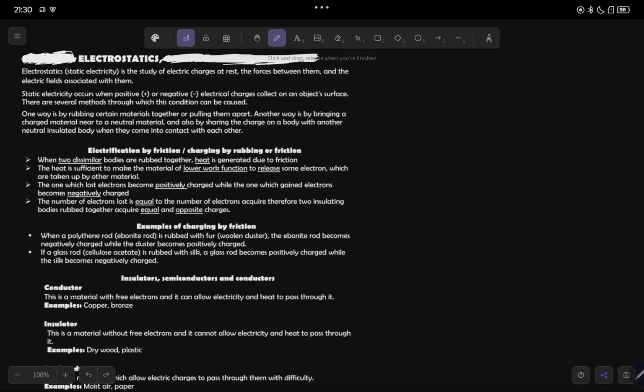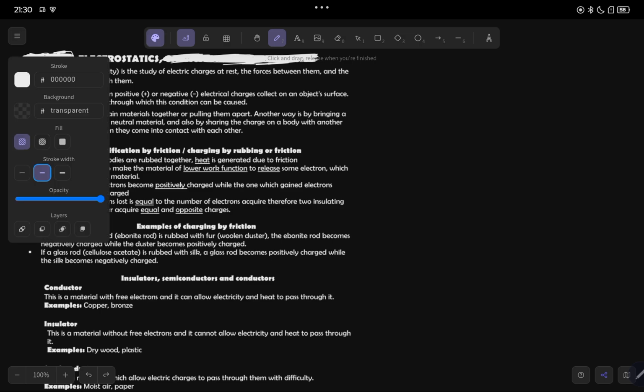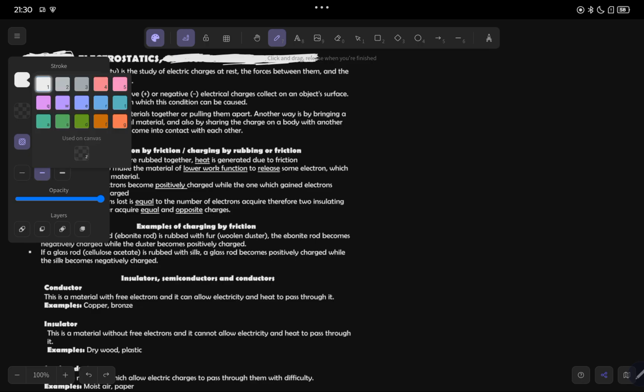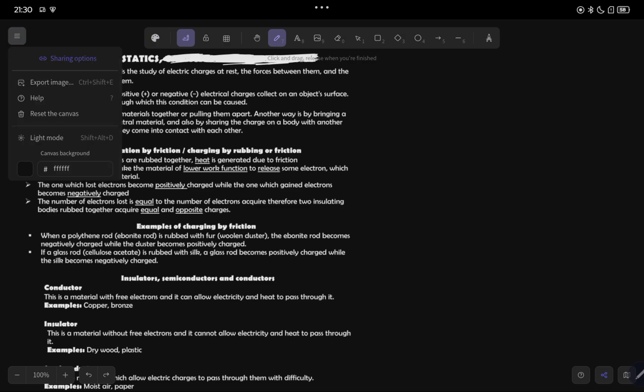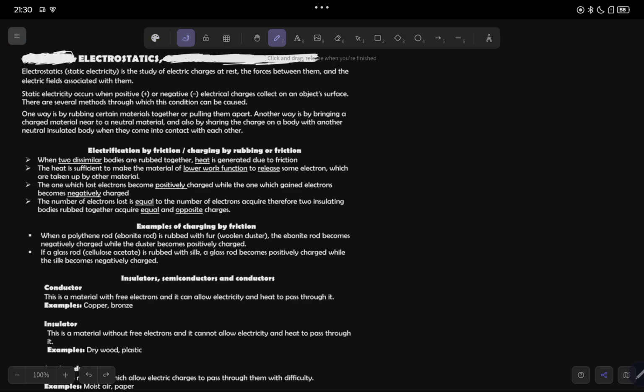The word electrostatics can be broken into two. The first part is electro, and the other one is statics.